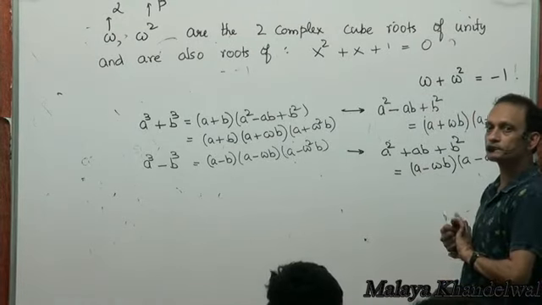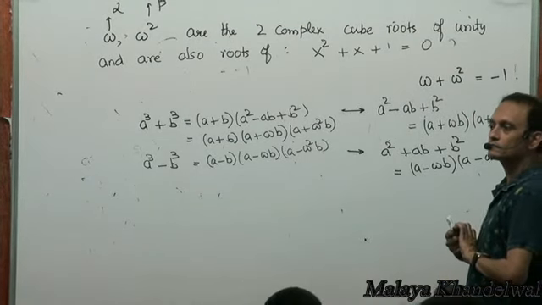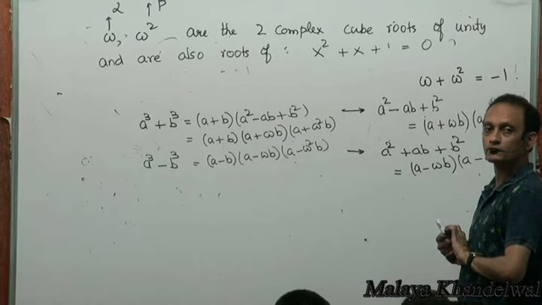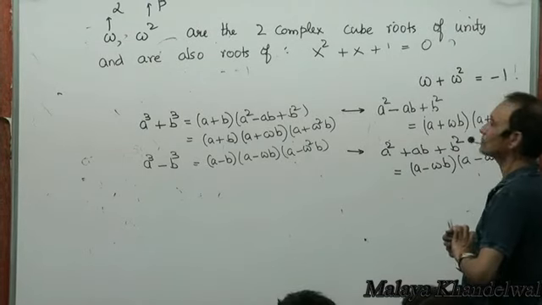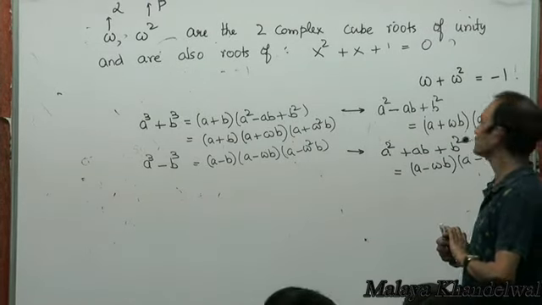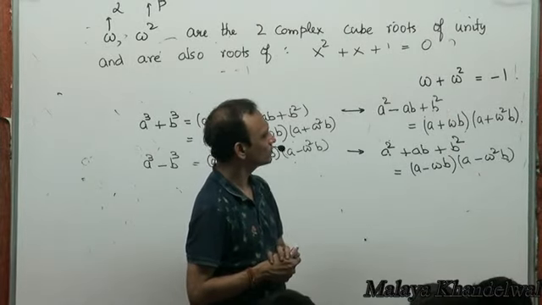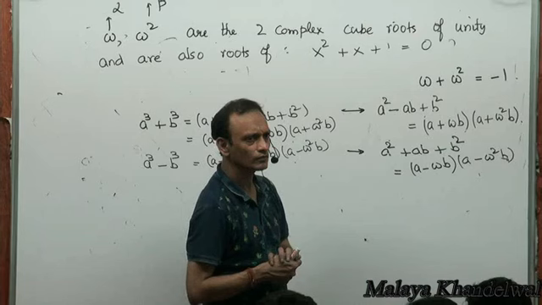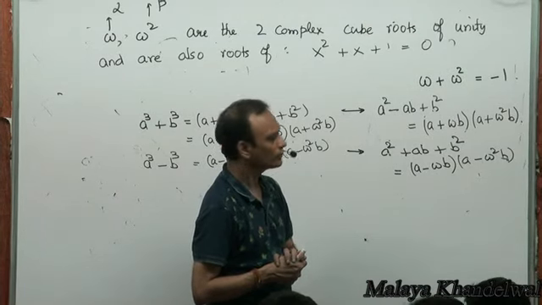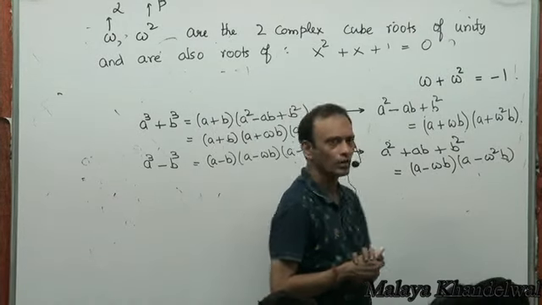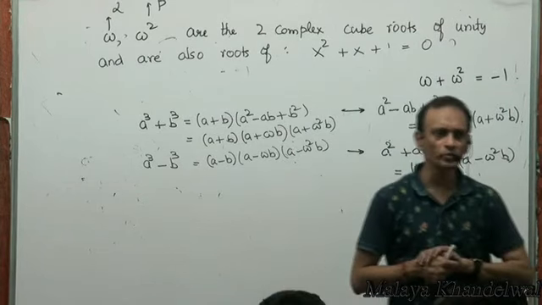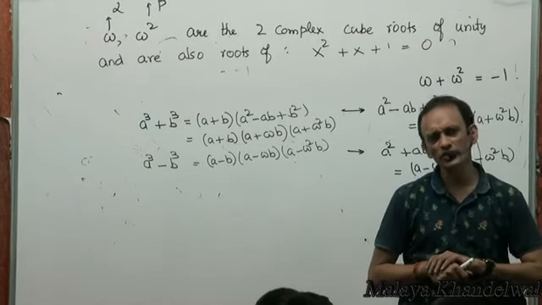Please copy this. The statement a plus omega b into a plus omega b whole square, it can be written as a plus omega square b whole square, because omega is equal to omega square. No, I never said omega is equal to omega square. Did I say omega is omega square?